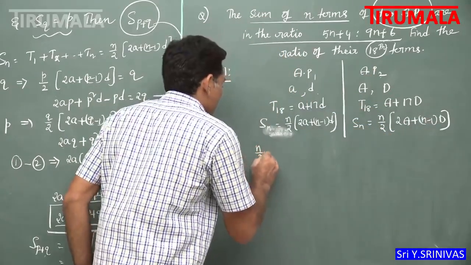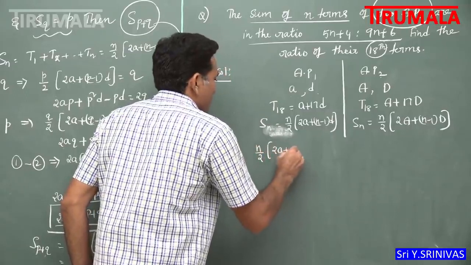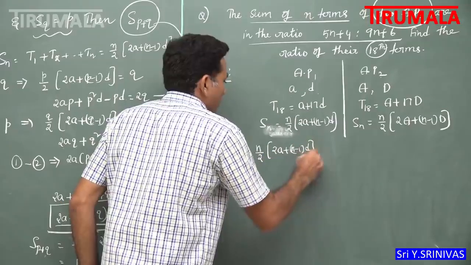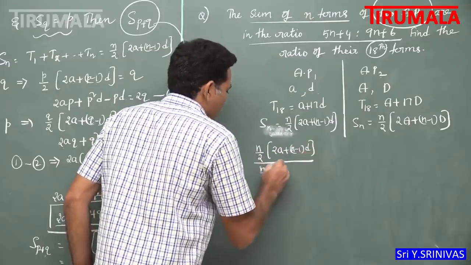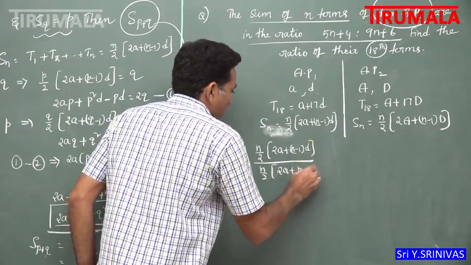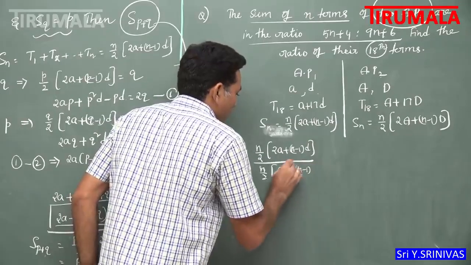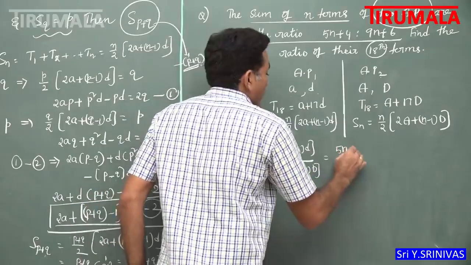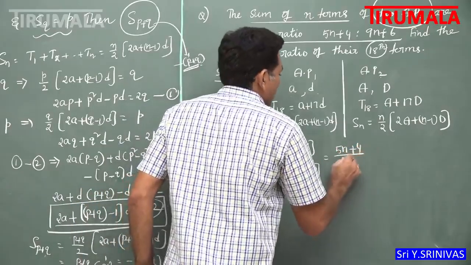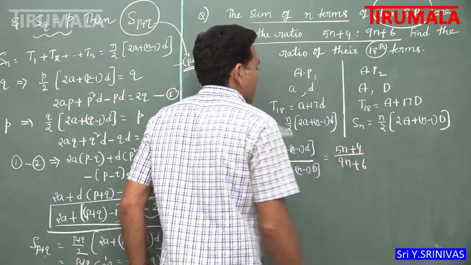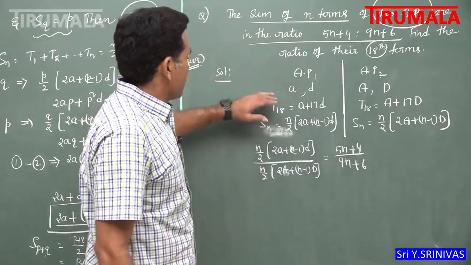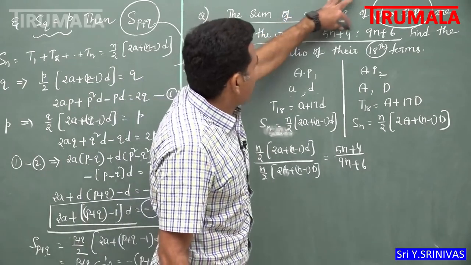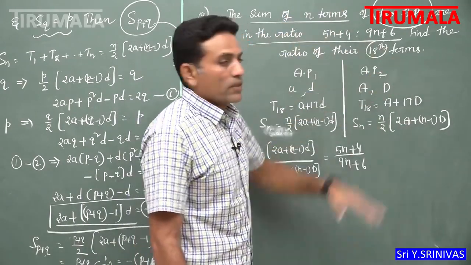That is n by 2 into 2a plus n minus 1 into d, by n by 2 into 2 capital A plus n minus 1 into capital D, and it is given as 5n plus 4 by 9n plus 6. Don't equate Sn equals 5n plus 4 and Sn equals 9n plus 6.